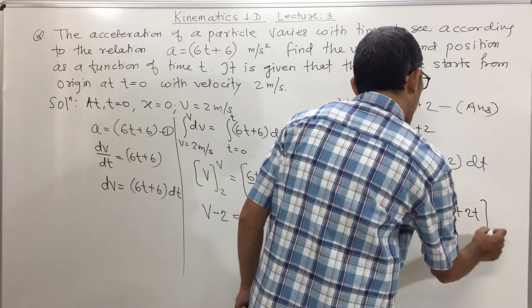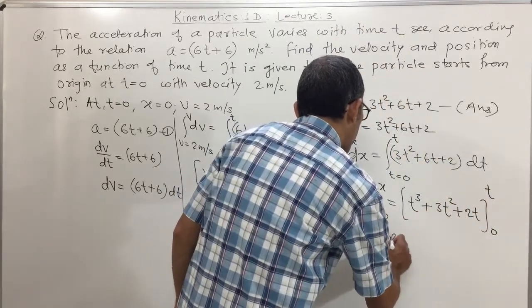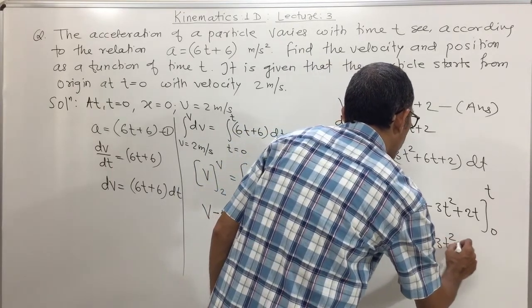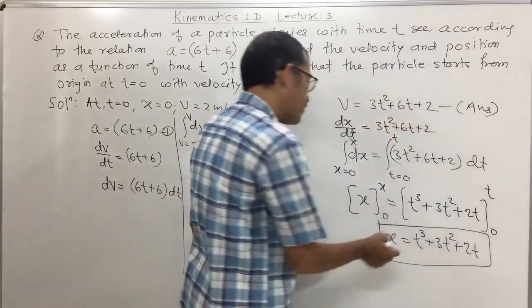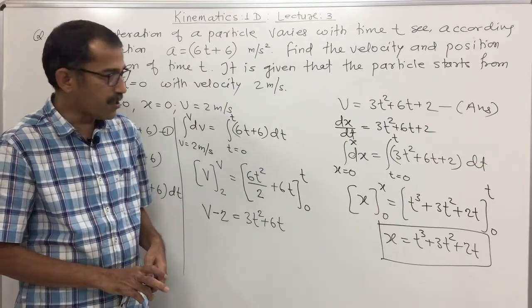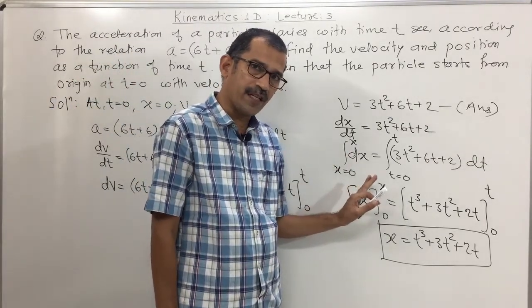It varies from 0 to t. That means x minus 0, so x equals t cube plus 3t square plus 2t. This is your final answer, x in terms of time t, and velocity also in terms of time t. Is this clear? Okay, fine.